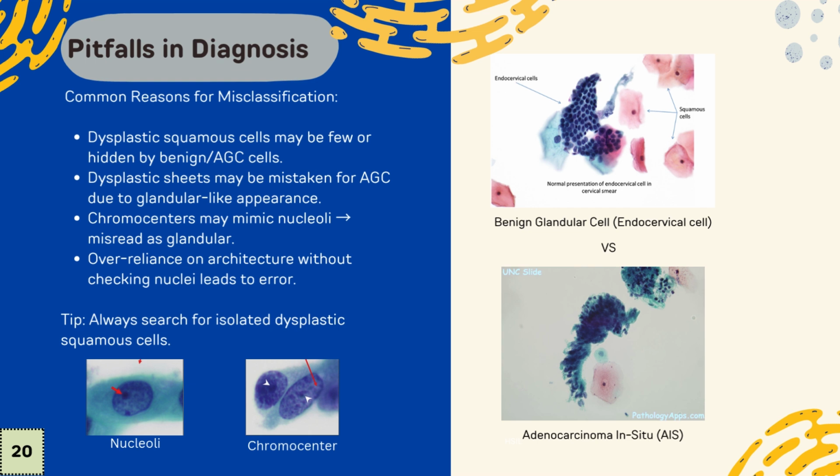This can be mistaken as nucleoli, a feature typically seen in glandular cells. Lastly, over-reliance on architecture like cell arrangement without assessing nuclear features such as chromatin pattern or nuclear shape can lead to incorrect interpretation. So, to avoid all these mistakes, we must actively look for isolated dysplastic squamous cells and closely examine nuclear features.